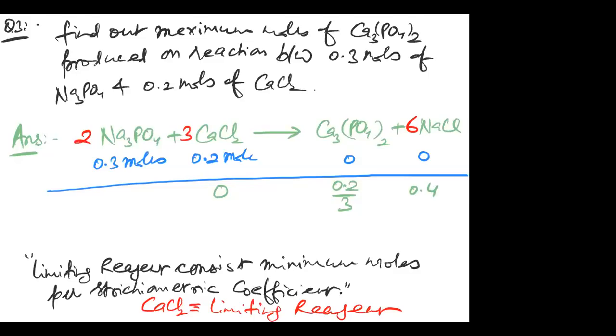So out of 0.3 moles, 0.4 divided by 3 moles get consumed, and the rest remains. As per moles of calcium phosphate produced, this is the maximum moles of calcium phosphate, and thus this should be our answer.